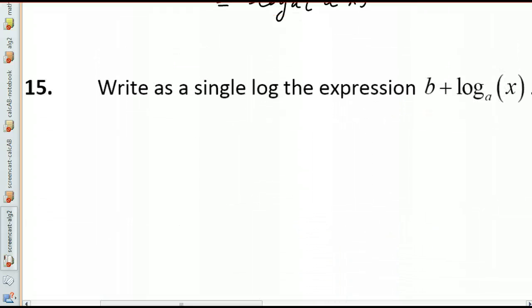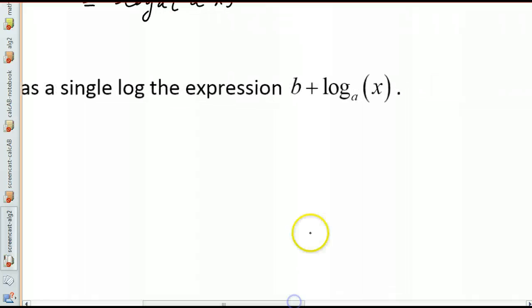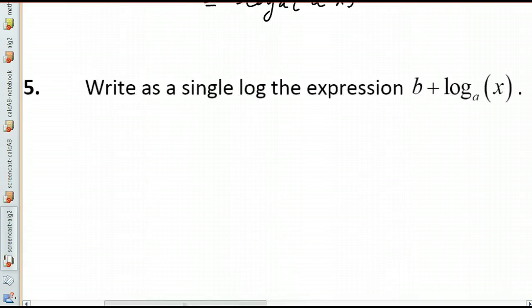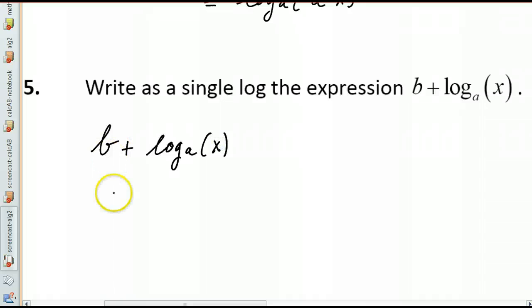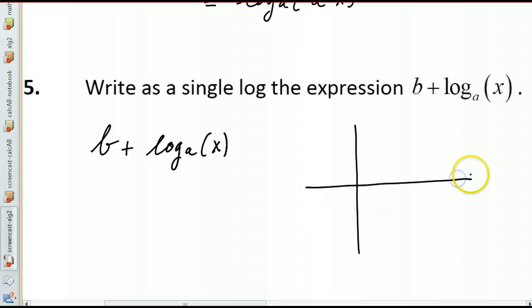Alright? Next one. Okay. I gotta do the same thing. I have to write it as a single log. Therefore, I'm gonna have to change b. I'm gonna have to turn b into log base a. Sorry. Let me explain that quickly here. If you think of the graph of log base a, I'm going to take a above 1, okay?